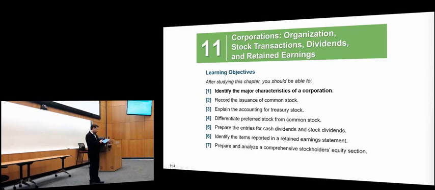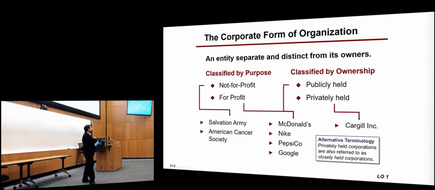Okay? Now, before we start talking about that, we need to talk generally about companies and corporations. We touched on this topic before. So companies can be classified by purpose. What do we mean by purpose? Well, they can actually be classified by industry as well, but here we're talking about the broader classification.